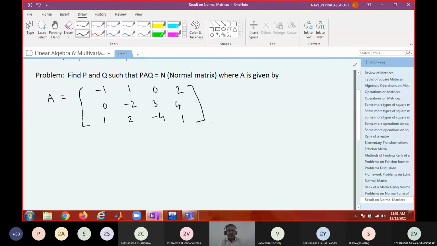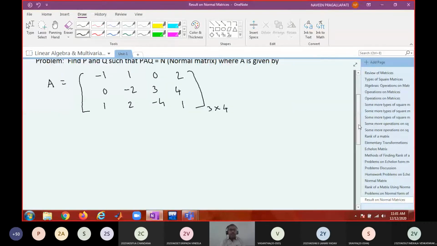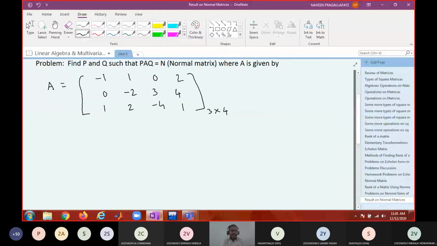Now listen to this procedure carefully. Now what we do? Can I write A as I into A into I? Sir, can you tell me the order of these identity matrices?